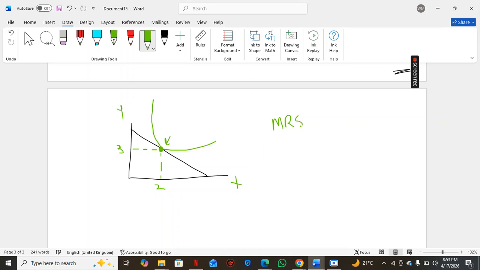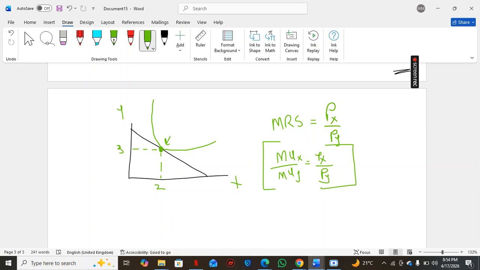Marginal rate of substitution equals the price of good X over the price of good Y. And if you remember, the marginal rate of substitution is MUX over MUY equals PX over PY. Okay. So this is the condition for maximum utility, maximum satisfaction.